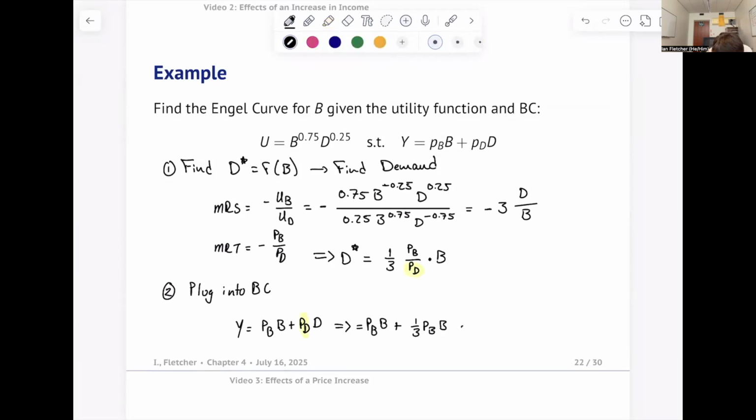And so combining everything, we are going to get Y equals 4/3 PB B. And this is our Engel curve.